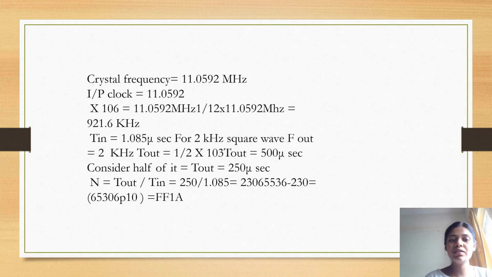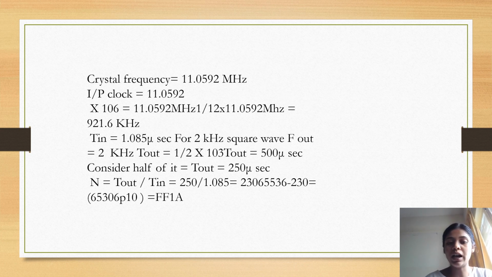As per the question, the crystal frequency is 11.0592 MHz, which is also the clock input, that is 11.0592 times 10^6 Hz. After that, we have the formula where T in equals 1.085 microseconds.